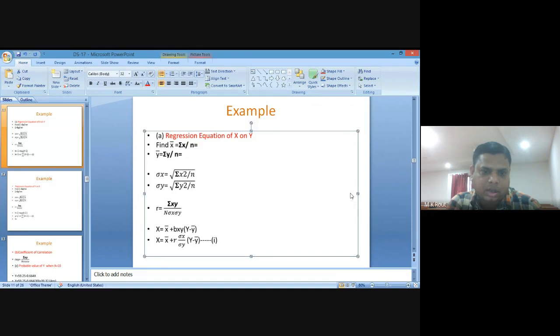Then after this step, we have to calculate the standard deviation of x, that is sigma x.